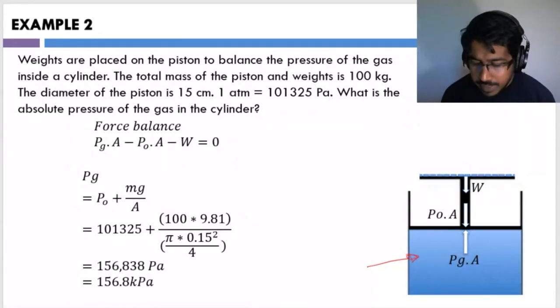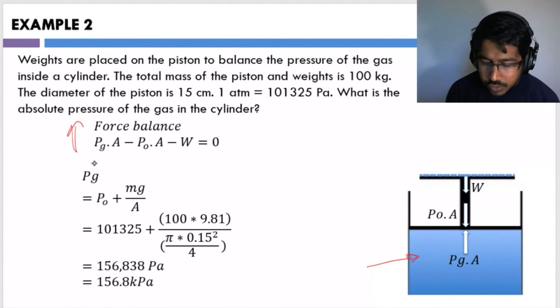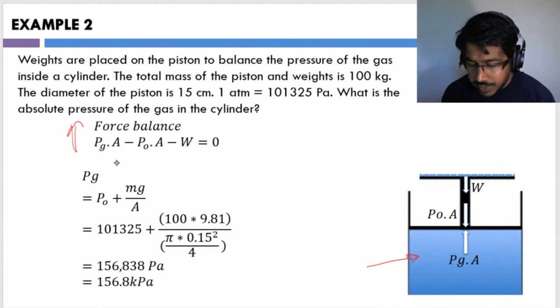So if we consider the force balance of the system, the upward force is Pg times A, the gas pressure times the area of the piston cylinder, and there are no more upward forces. P naught is the atmospheric pressure, and the force from the atmospheric pressure is acting downwards, and also the weight of the piston and the weights are acting downwards.